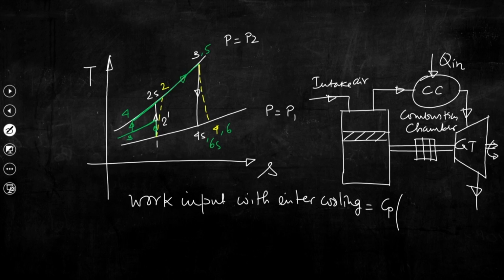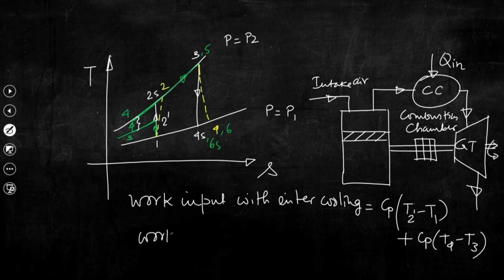So, this is 2 prime. So, Cp into T2 prime minus T1, plus Cp into T4 minus T3, because this is another work input. So, essentially 1 to 2 prime and then 3 to 4.